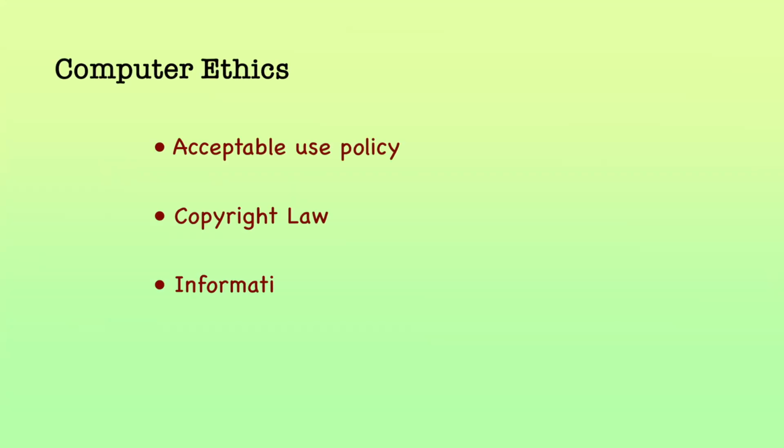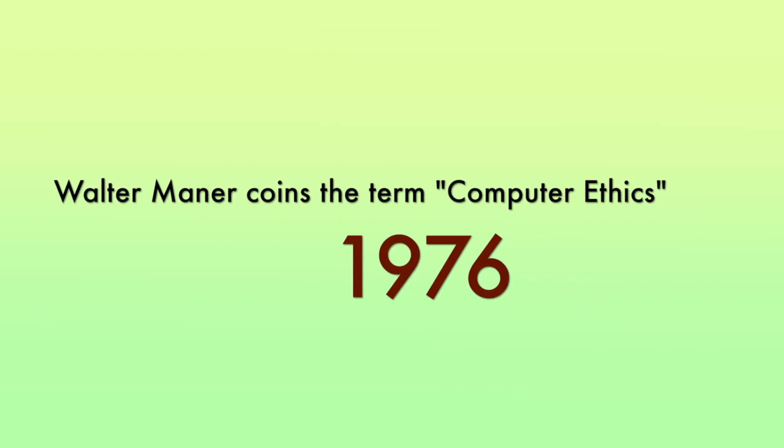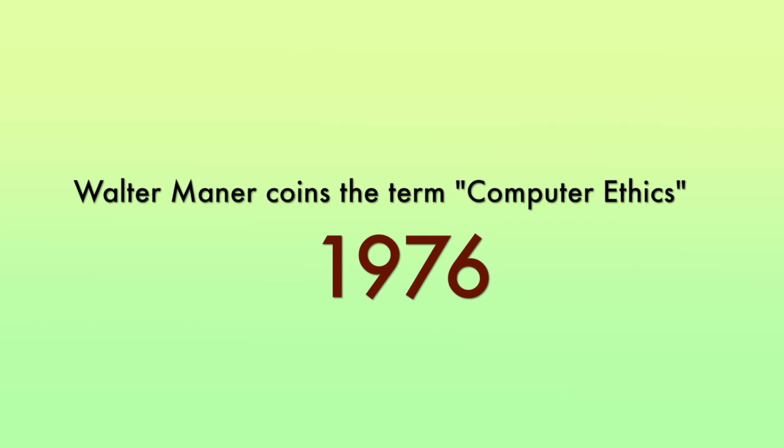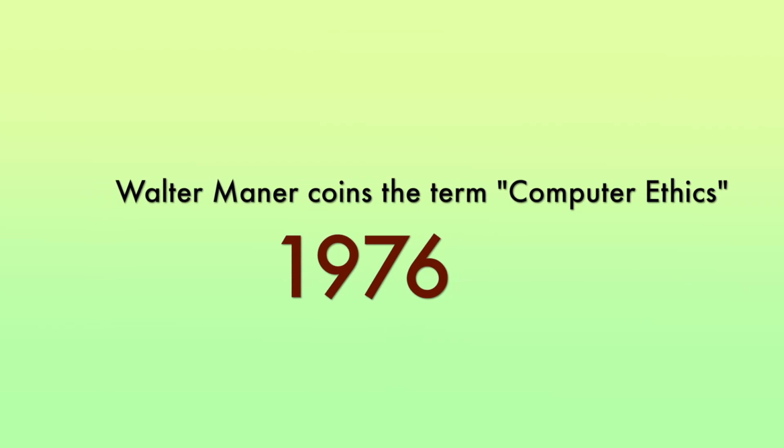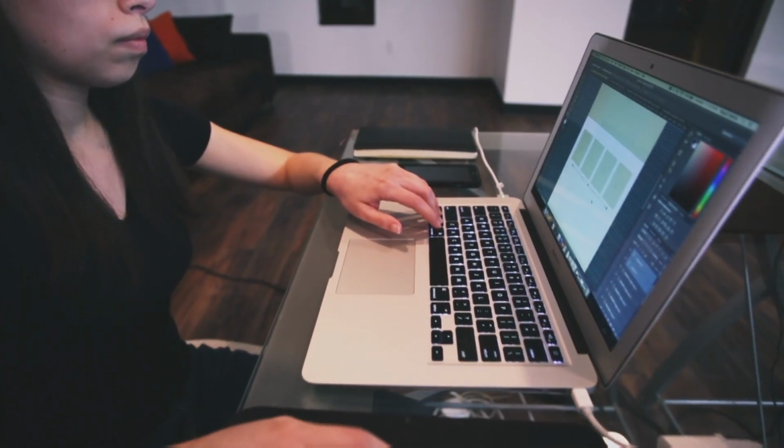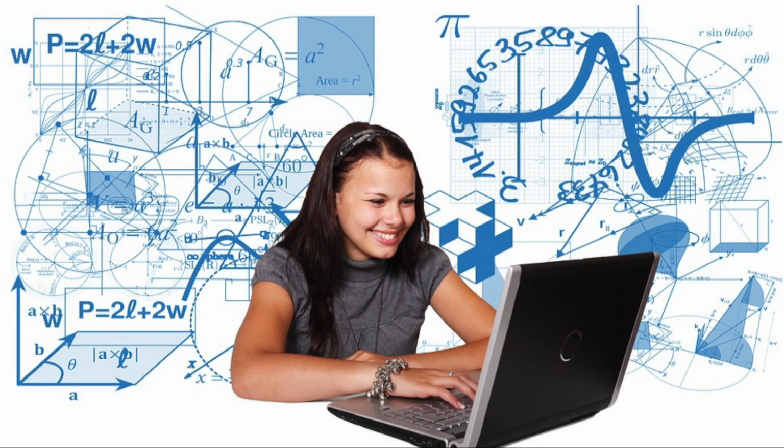Computer ethics is a concept that is growing larger every day with new advanced technology. Computer ethics first came about in the 1970s as computers were becoming integrated into homes. Computers today are used in homes, in schools, and in almost every company.